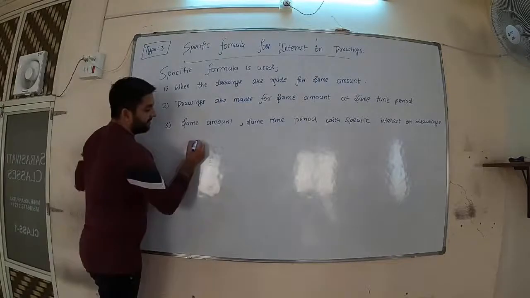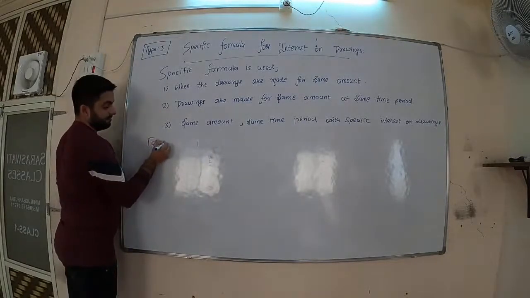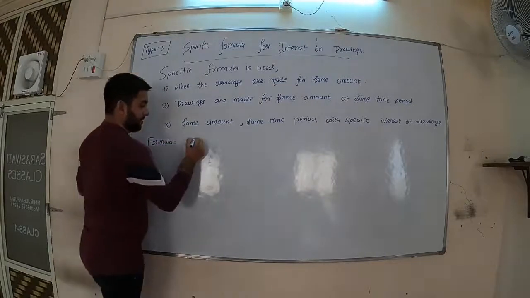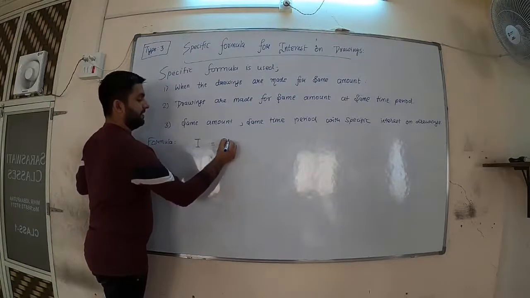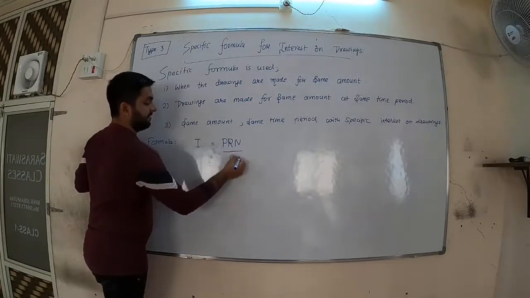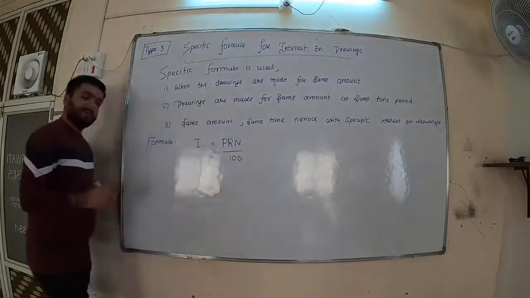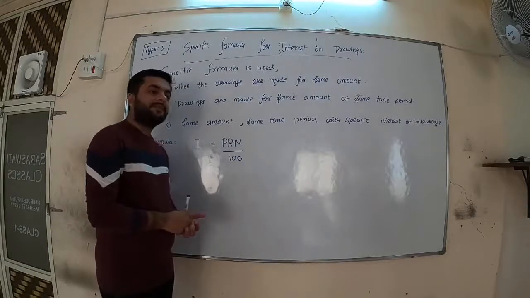Now the formula is I is equals to P R N divided by 100. Everyone is familiar with this formula.